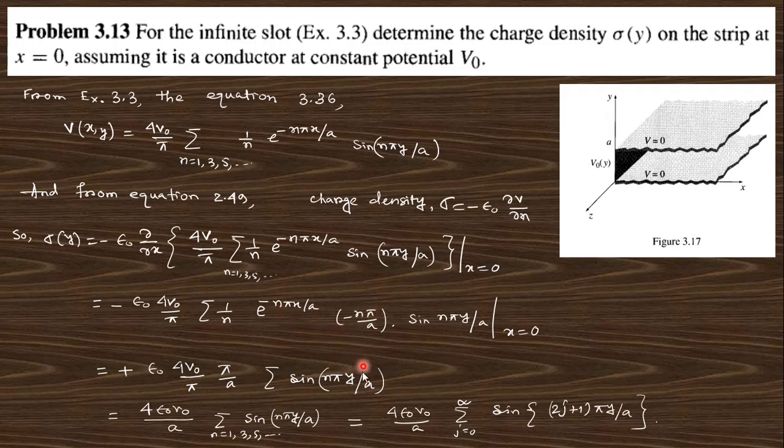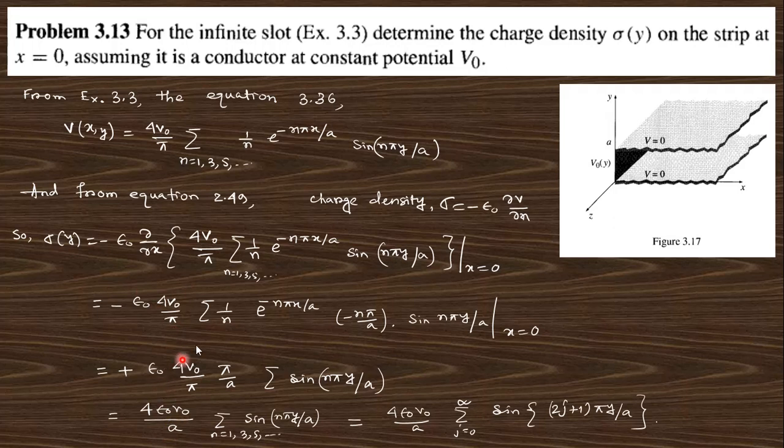You can see here for even values this equals 0, only for odd values this actually exists, right?